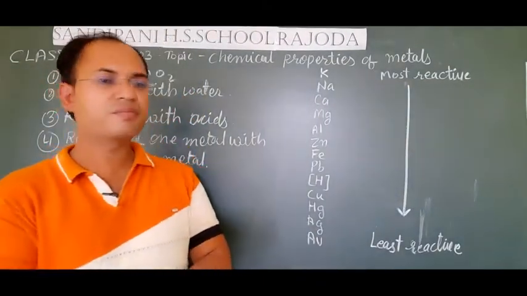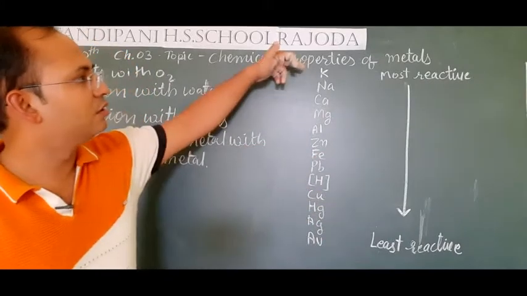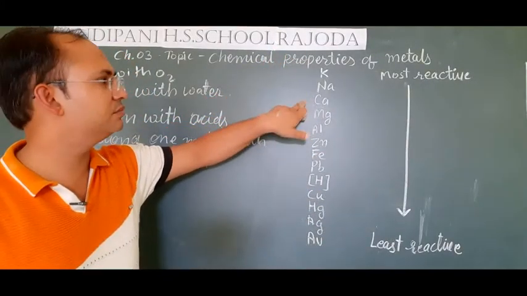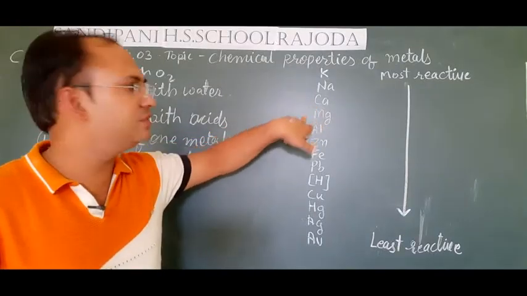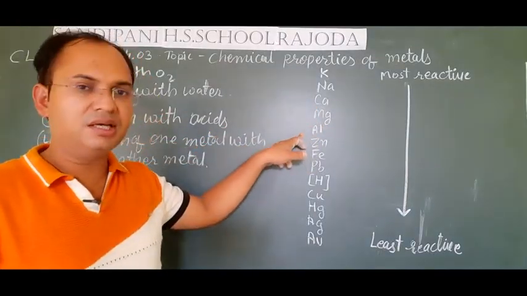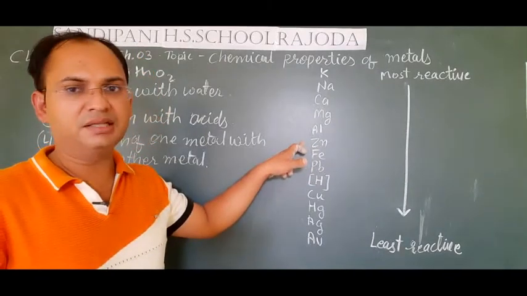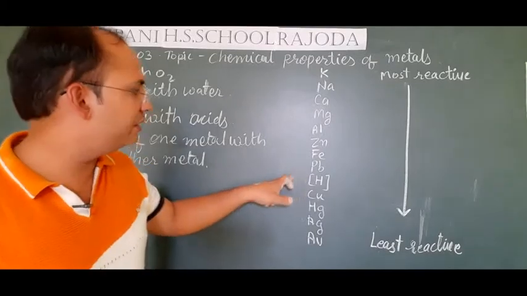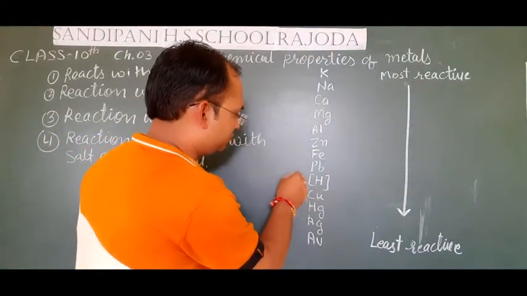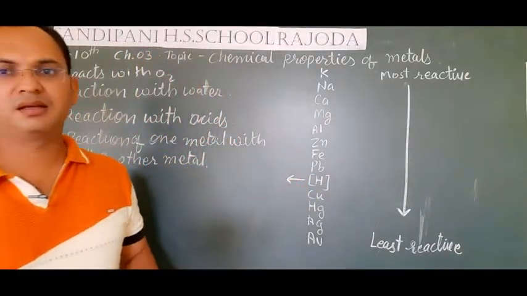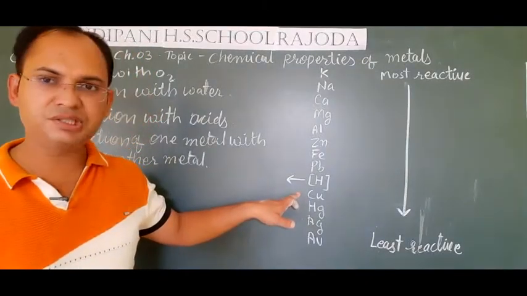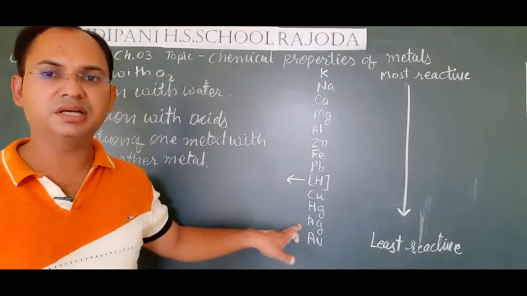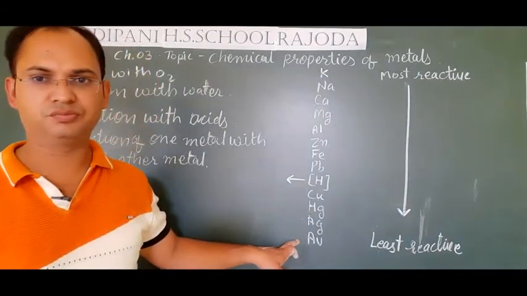So students, see here: potassium, K, sodium, Na, calcium, Ca, magnesium, Mg, aluminium, Al, zinc, Zn, iron, Fe, lead, Pb, and here it is hydrogen. Below the hydrogen: copper, Cu, mercury, Hg, silver, Ag, and gold, Au.